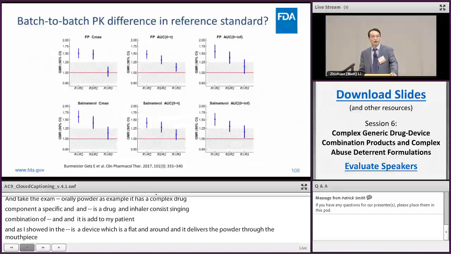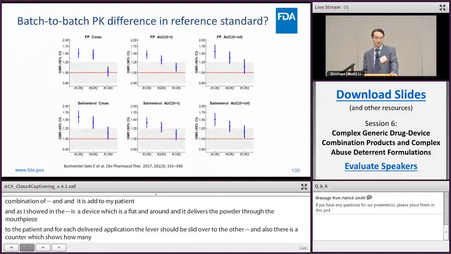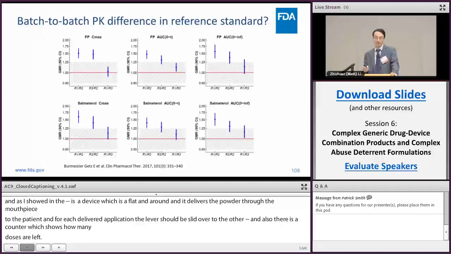And talk about the batch-to-batch PK difference. There is a paper published in 2016 and another paper in 2017 in Clinical Pharmacology and Therapeutics mentioning some of the PK studies using different batches in one study, and then to check whether the PK equivalence can be claimed between different batches of the reference listed drug.